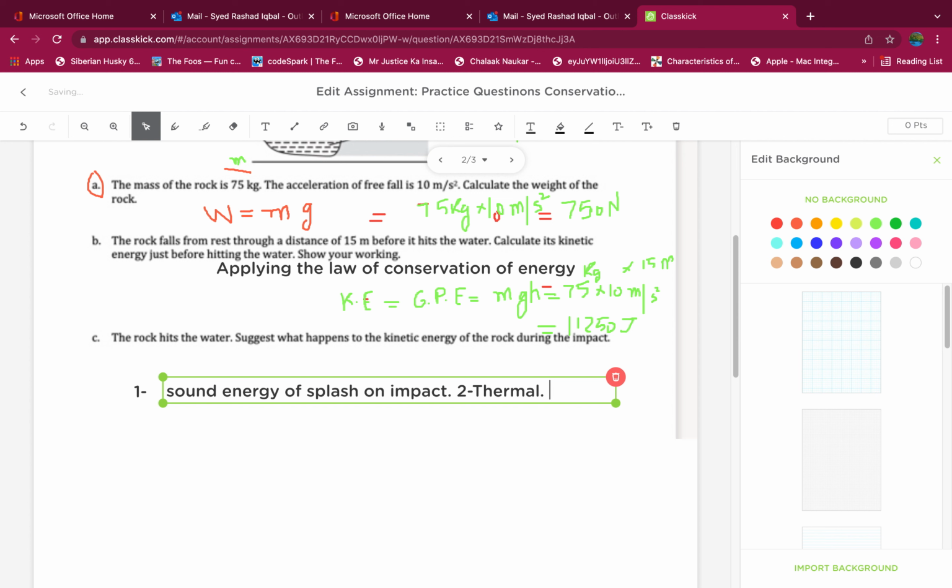Third thing: whenever that rock falls in the water, will waves be produced or not? So some energy will be used to produce these waves. So kinetic energy of the moved water. As the water moves or makes waves, some energy will transfer to that form.